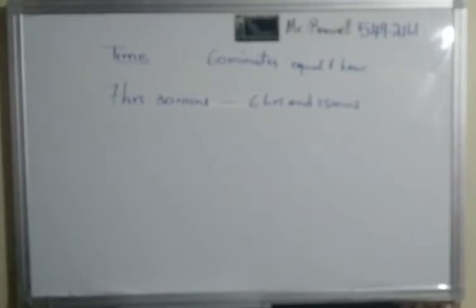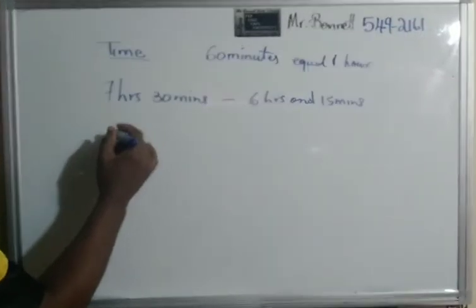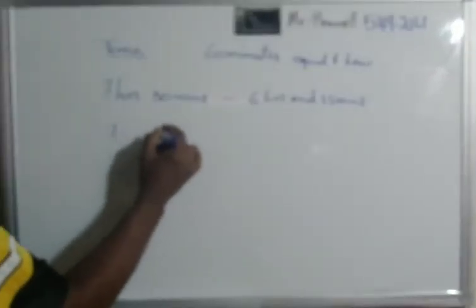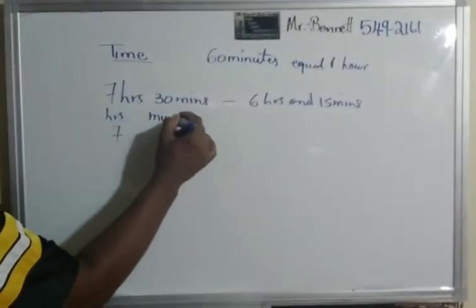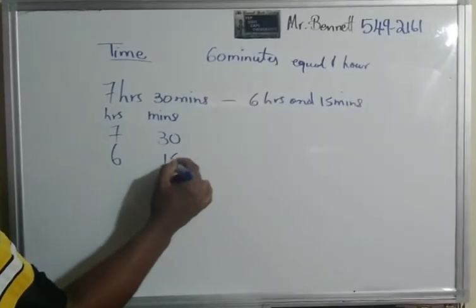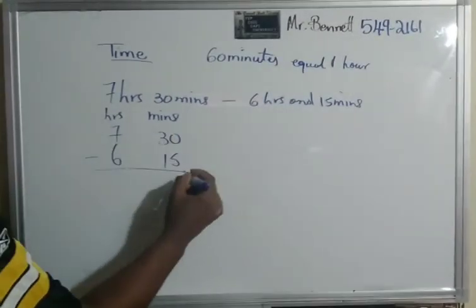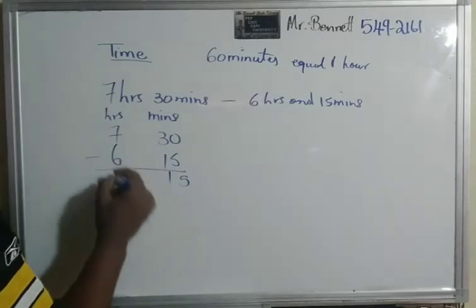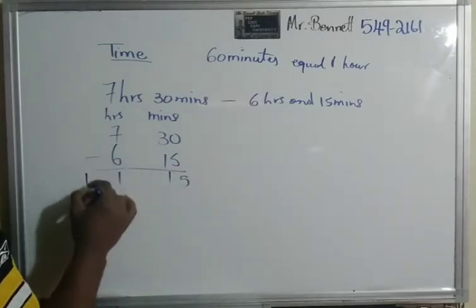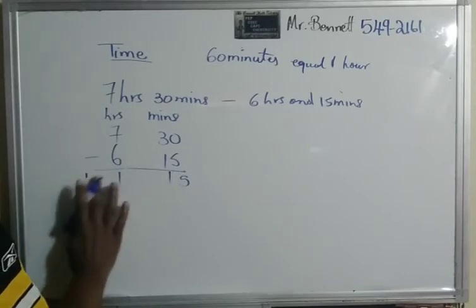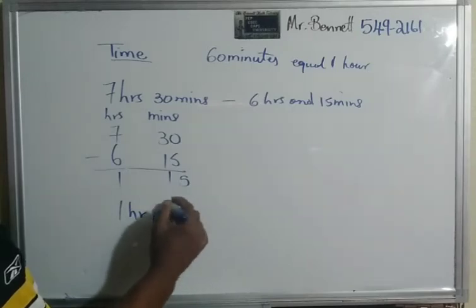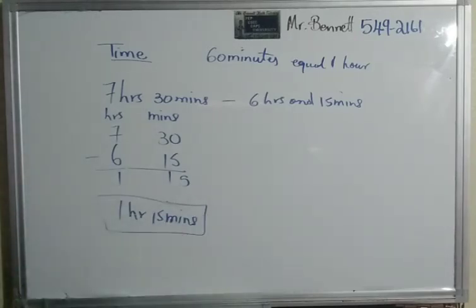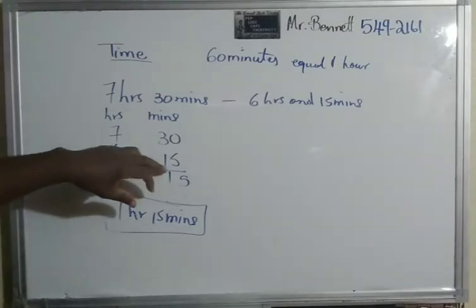As usual, we separate them. So we have 7, 30, and this is hours, this is minutes, 6 and 15, and we subtract, right? So this will give us 5 and 1, 15, and this 1. So it will be 1 hour 15 minutes.